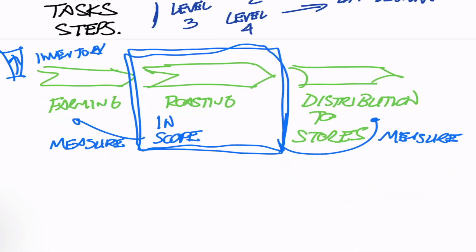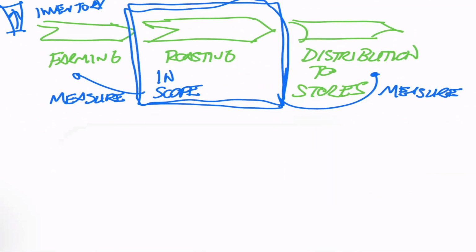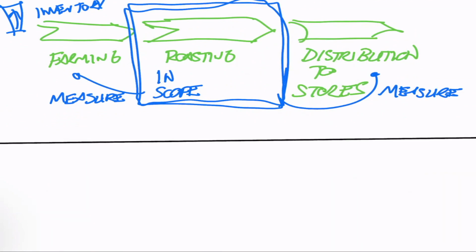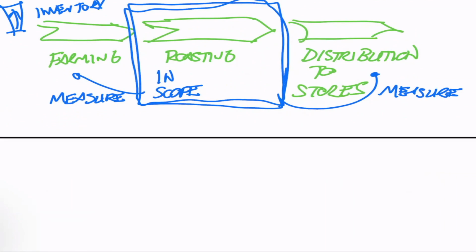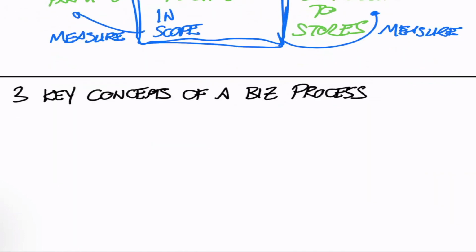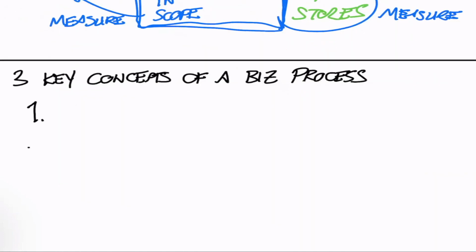Now with business processes, let's move to number 3 now. When you do get down lower and you establish the business process, there are 3 key, let's call them concepts. Okay, 3 concepts. 1, 2, 3.